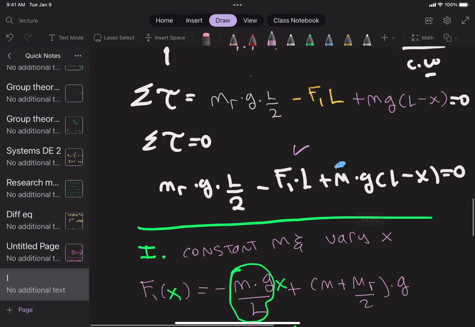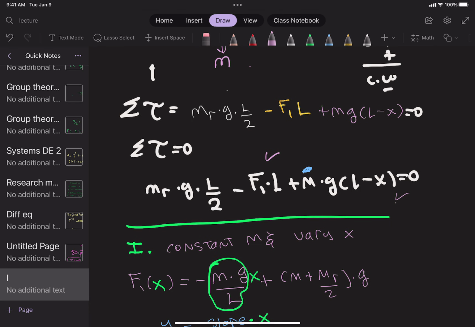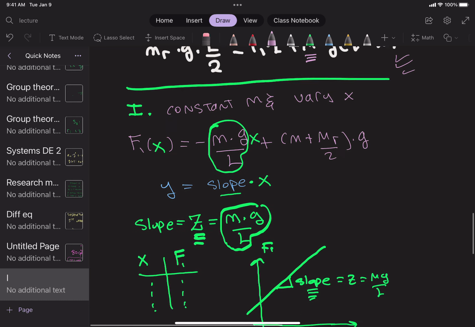So if you were to solve, again, this equation here, but now solve it for the hanging mass, this is what it's going to come out to be.